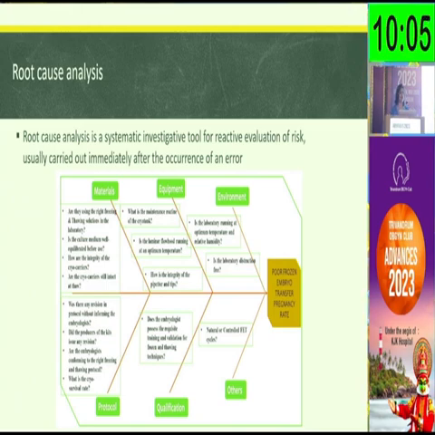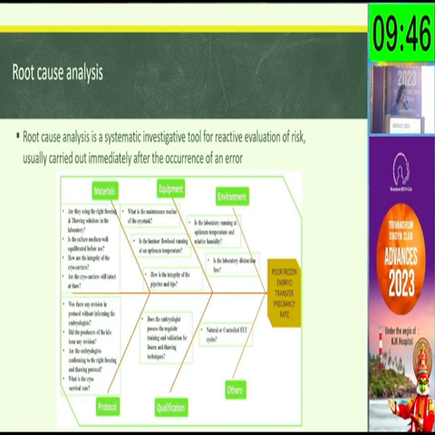and there are non-specifics which will help us as well, but we need to have a systematic investigative tool for evaluating the risk, which is usually carried out after there has been an error. Error here does not mean just a mistake by the embryologist.